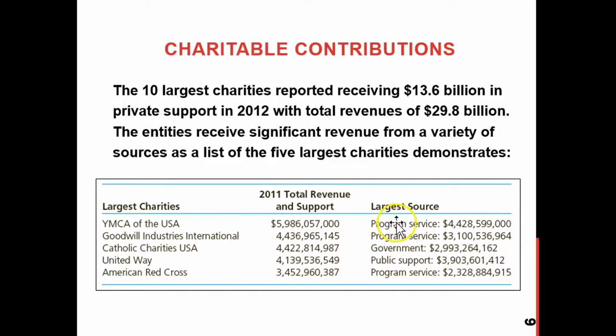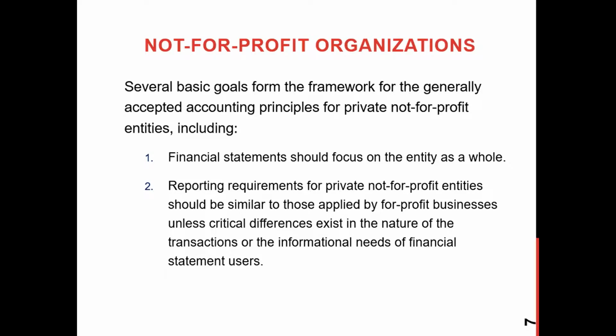Some not-for-profit entities can receive service revenues or some support from the government or public support. So these are the top 4 largest charities. Well, it's a little bit old, but still you will see more or less these are the largest charities. So you see here that not-for-profit entities actually deal with billions, millions of dollars.